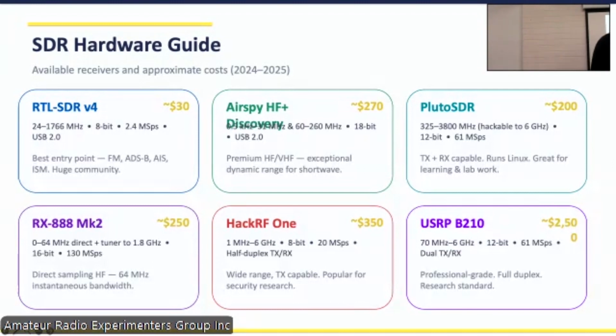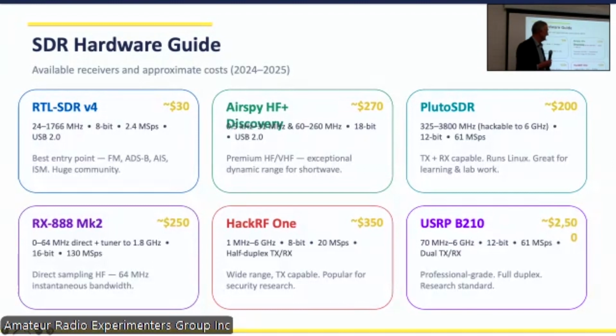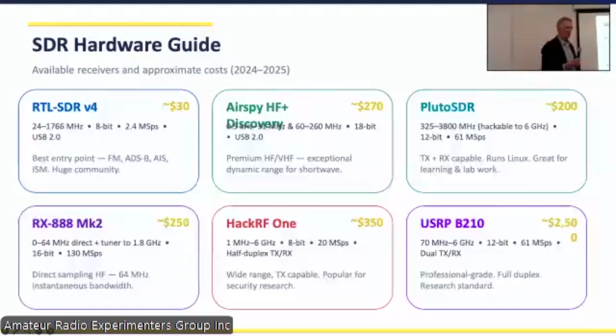HackRF One. This is a very interesting device. If we just talk about what it was originally designed for, which was being able to do half duplex, in other words, it can transmit from 1 megahertz up to 6 gigahertz. And it does all of that frequency range very well. I've got one here. If you do have one, be very careful with it because it can transmit on a number of frequencies that you should not be transmitting on.